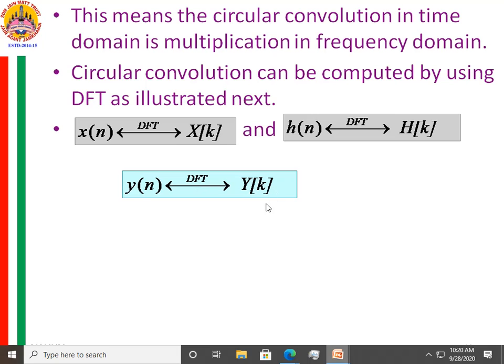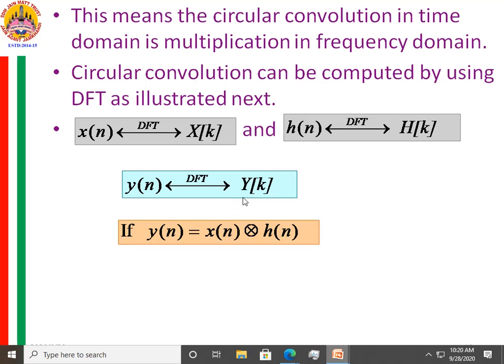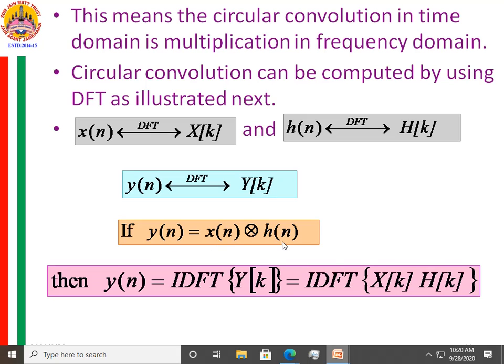Yn's DFT is yk. So what you do is you take the product of xk and hk from which you get this yk. That is only if yn is equal to x of n circularly convolved with hn. So you obtain yk, which is x of k into h of k, and take the IDFT of yk.